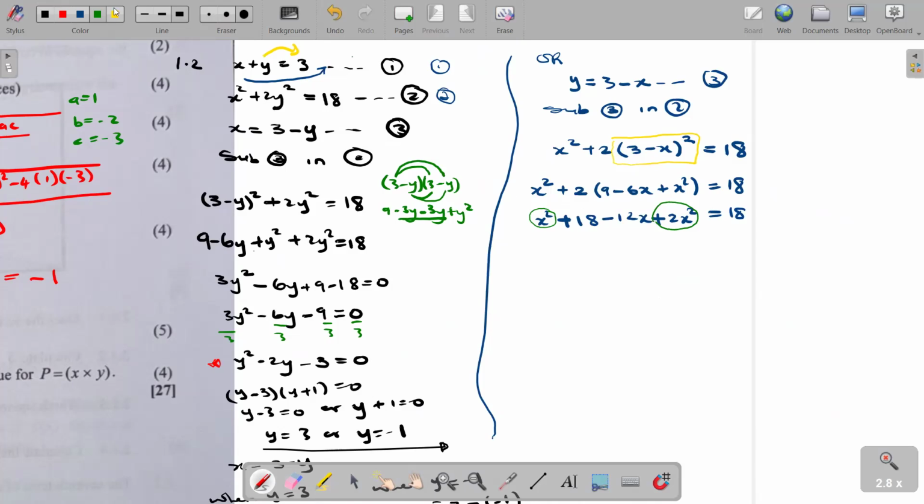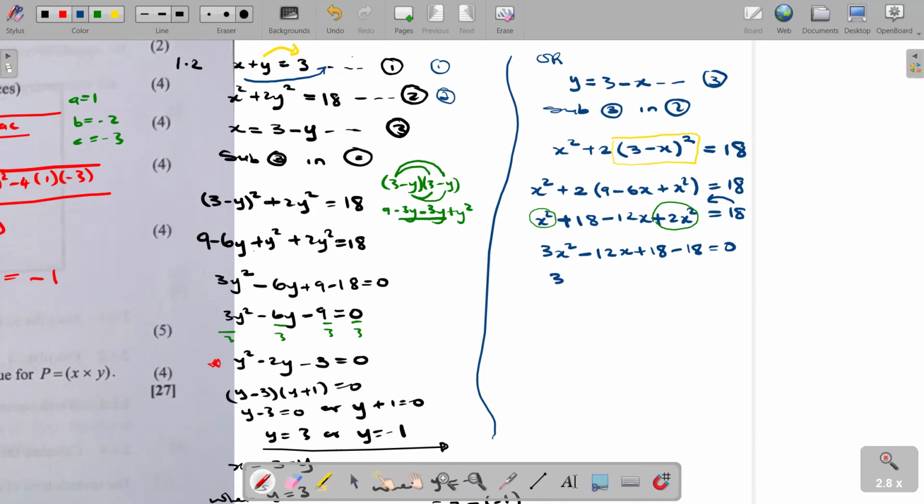So it's going to be 3x squared, then minus 12x equal to 18. Okay, let's take this one plus 18. Then we take this 18 which is there, transpose there to be minus 18 equal to 0.